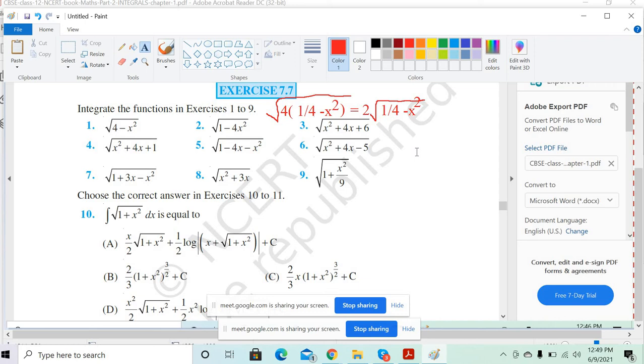You can take 2x as t. Yeah, you can do that. So again, it will come in the form of a square minus t square formula. Yeah, it's correct. Absolutely, you can do that. No problem, your method is also right. Perfectly fine. There are different ways of doing it, but it's fine.